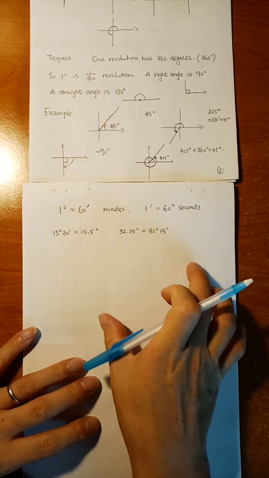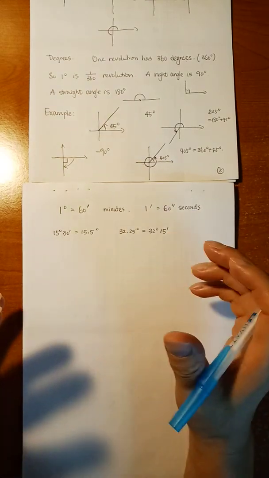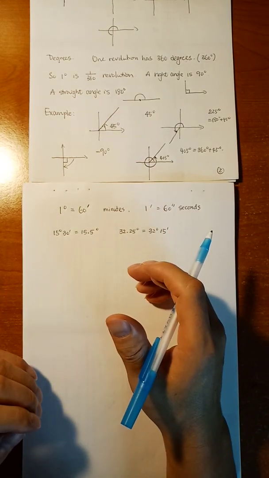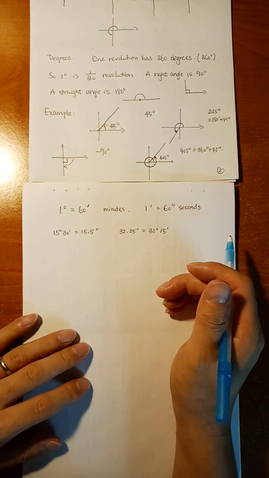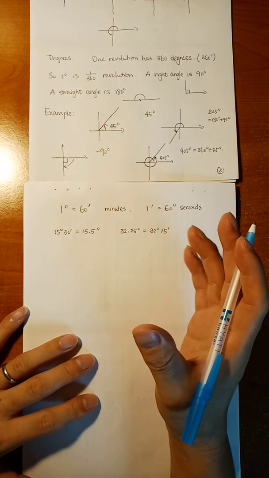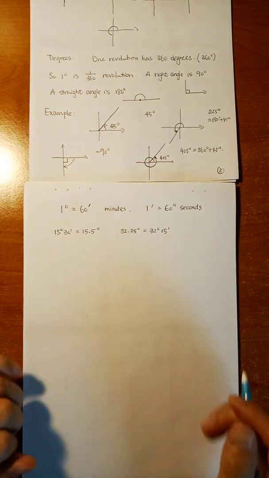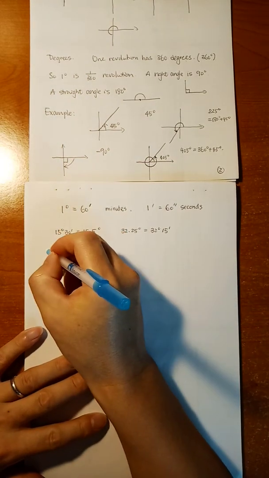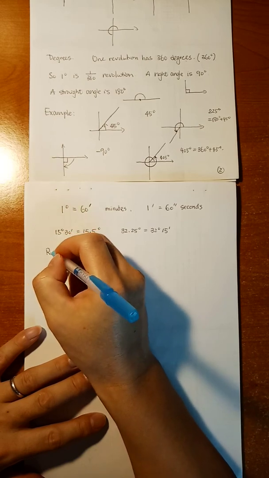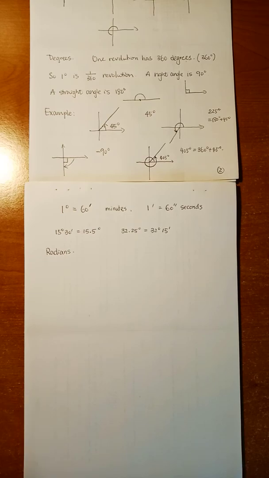Like you measure 1 meter, 2 meters, and 1 degree, 2 degrees. These two things cannot be added. They're totally different. So in order to unify those two systems, we introduce another unit. It's called the radian.